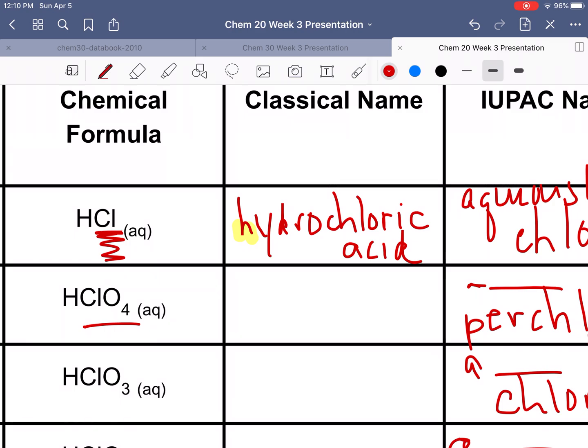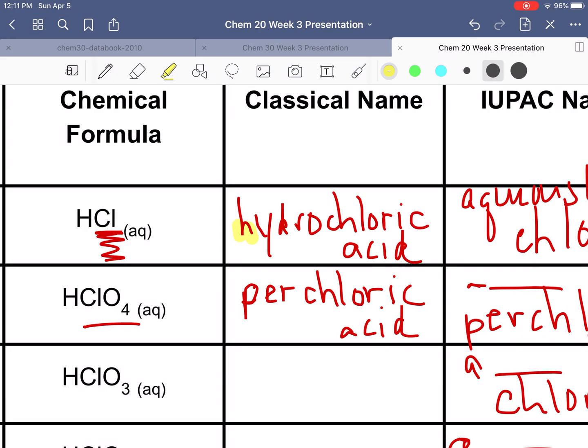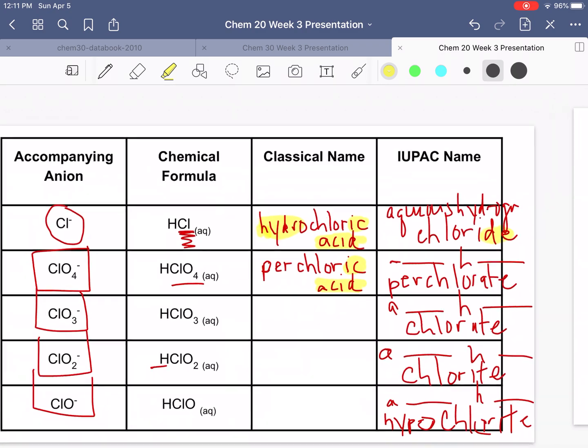Hydro is gone because it's not an "ide". It becomes perchlor, and no longer "ate", but "ic" acid. Notice what's been added on here: hydro for the first one, "ic" acid. For the second one, we still keep perchlor, but then we add "ic" acid.